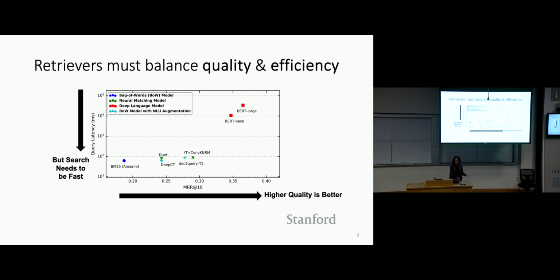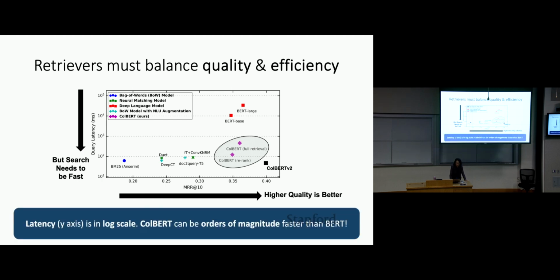What ColBERT did is bring it down to roughly the same amount of time, but now we are at 35% accuracy. And then ColBERT V2 takes it to a better performance and also a lower latency. So it makes a huge difference.